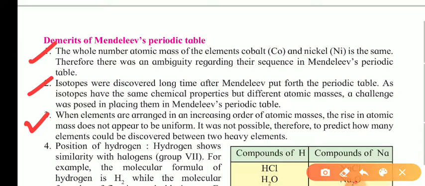Because in Mendeleev's periodic table, the atomic masses were not evenly distributed or classified. Means the difference between two consecutive atomic masses was not the same. So it was not possible to explain or predict how many elements are there between two heavy elements or two heavy atomic masses.